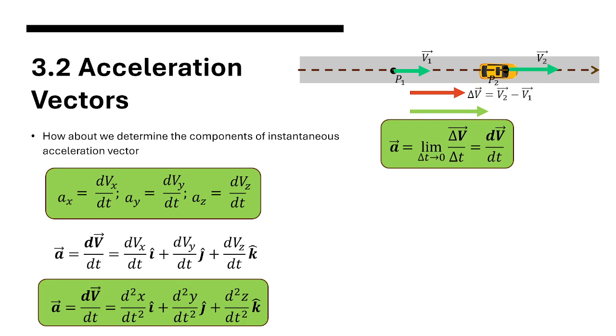So the instantaneous acceleration is equal to d squared x, that means twice, over dt squared i hat plus d squared y over dt squared j hat and d squared z over dt squared k hat. Those are our formulas for acceleration vectors.